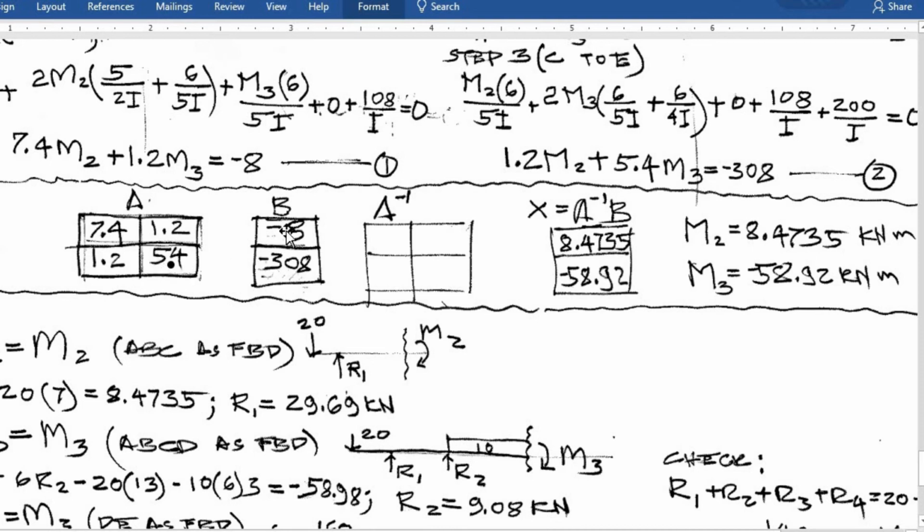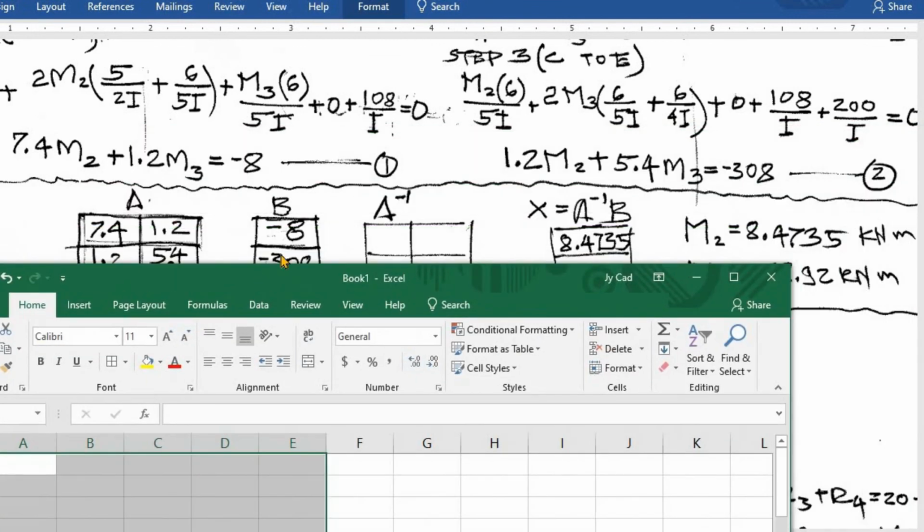Tapos, sa B matrix naman, you have negative 8 for equation 1. Ayan. Tapos, for equation 2, you have negative 308. And then, we have here A inverse. So, sosolvin natin to. And then, meron tayong X. Yan yung ating unknowns. So, pasok natin ngayon sa Excel.